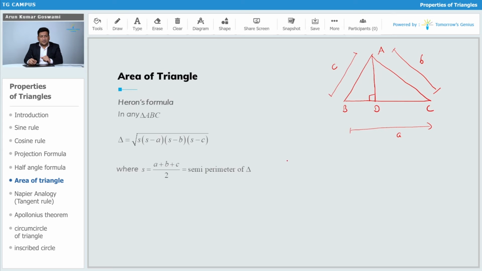So what I have here is two triangles, since I have taken a perpendicular on BC, because of that ABC is divided into two triangles. One is ABD and one is ADC.